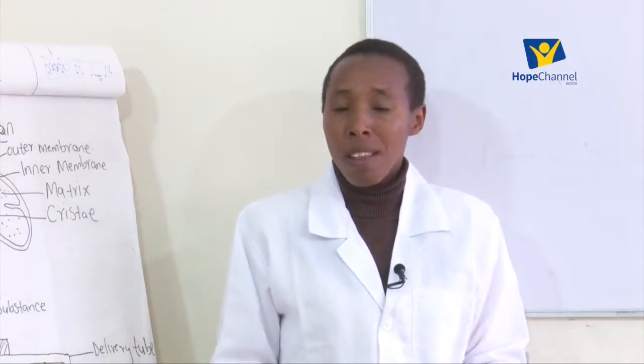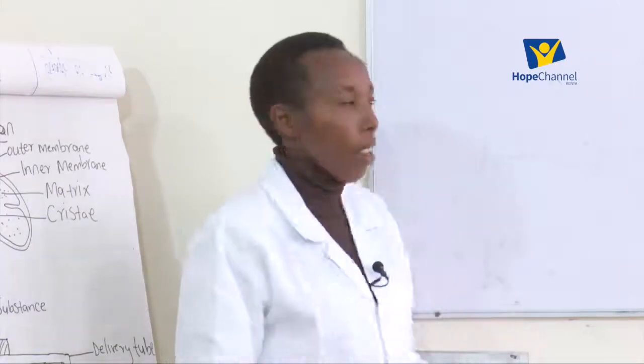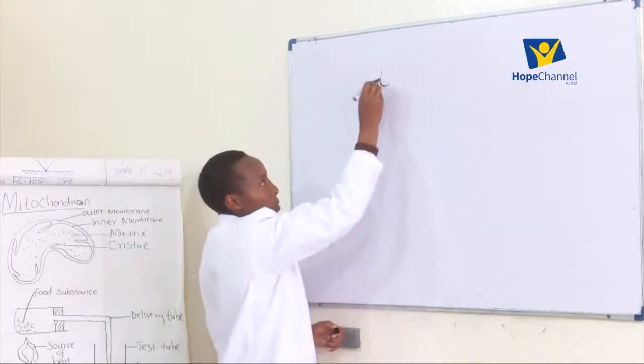Welcome back, our viewer. We were on the Knowledge Quest program. The subject is biology. We've been learning about respiration as one of the characteristics of living organisms. We want to move on to another characteristic that is very crucial in living organisms. And that characteristic is excretion.